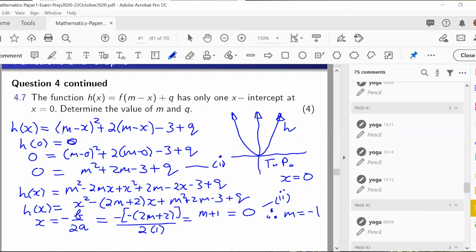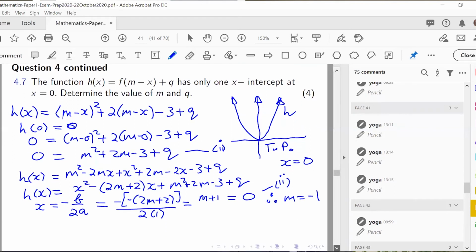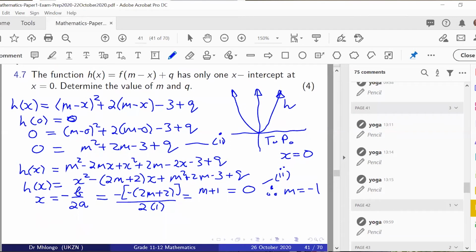Now we substitute that in 1. When we substitute in 1, we will get 0 equals to minus 1 squared plus 2 times minus 1 minus 3 plus q, which means 1 minus 2 minus 3 plus q is 0.